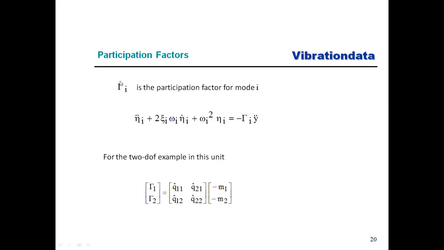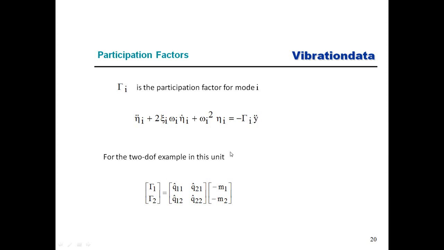Okay, so let's define this gamma here, and that's going to be the participation factor for mode i. So for our 2 degree of freedom system, we're going to have 2 participation factors. And we're going to substitute this for this coefficient for our y double dot base acceleration.